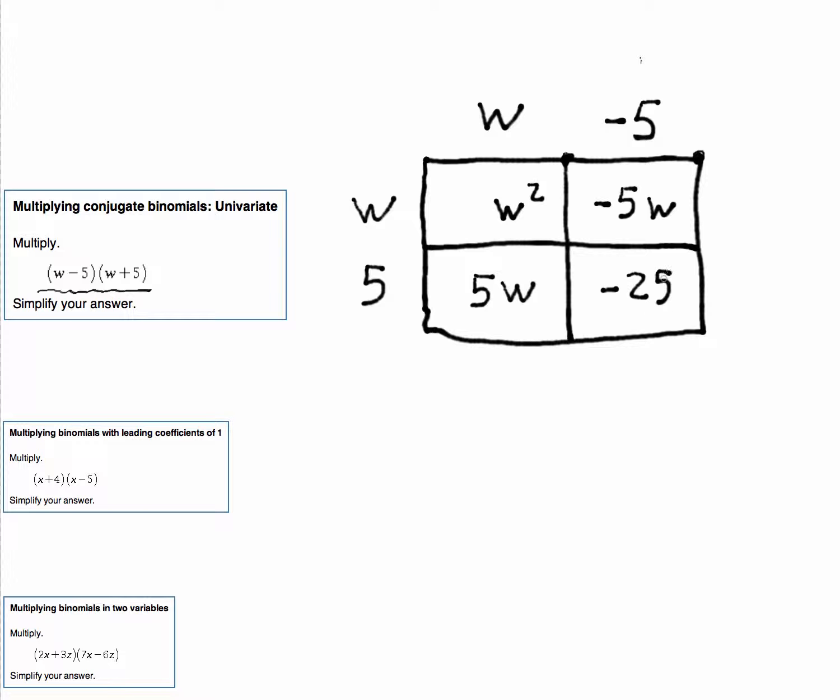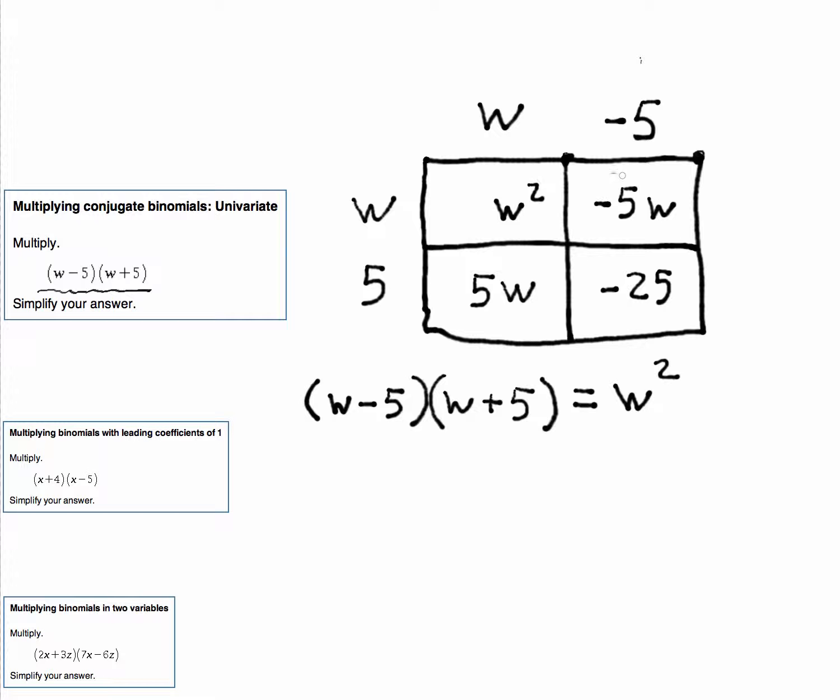And just like before, the conclusion is that if I take w minus 5 and multiply that by w plus 5, it's equal to what I get when I add up what's on the inside of the boxes. In other words, it's w squared.